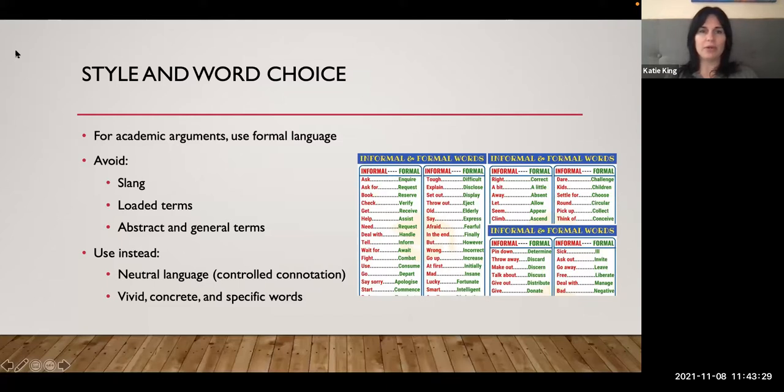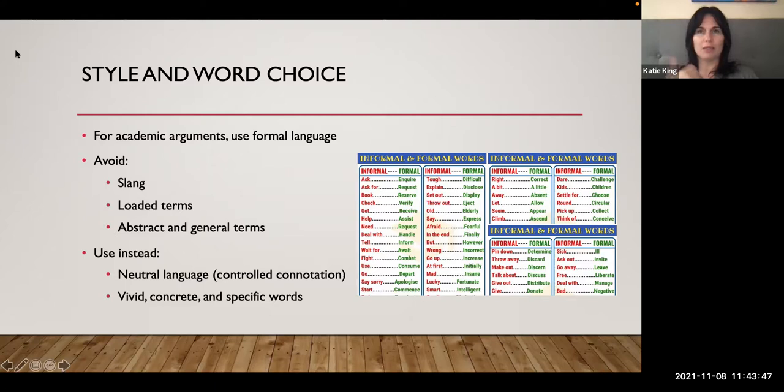So in terms of style and word choice, for academic arguments, use formal language. You want to avoid slang, you want to avoid loaded terms, and you want to avoid terms that are too abstract or too general. So again, you have to think about the audience that you have.